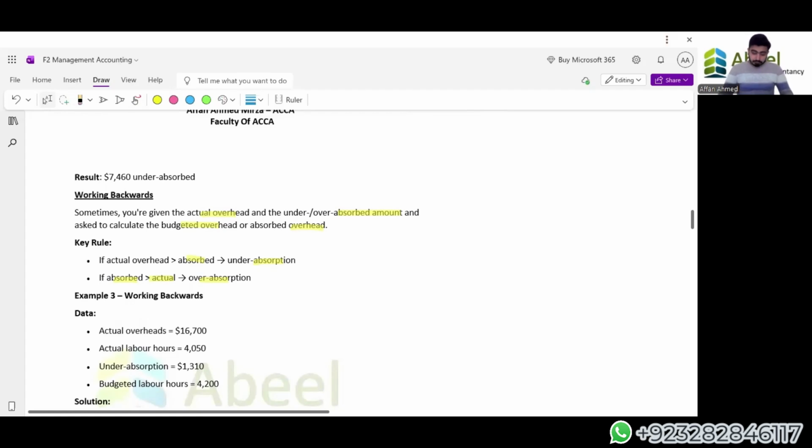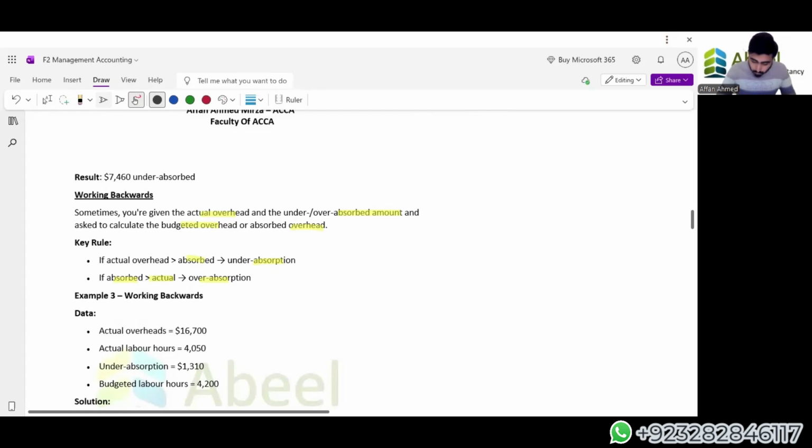So let's see. What is the situation here? They are telling us that we had an under absorption. Under absorption means that our absorbed overheads were lower than my actual overheads. So should I subtract my under absorption amount from my actual to get to a relevant position? Yes, I can.